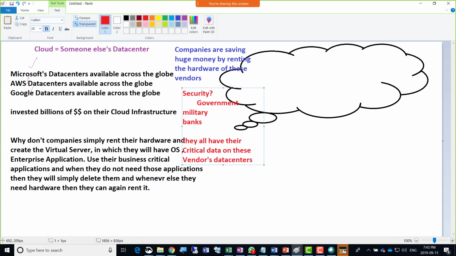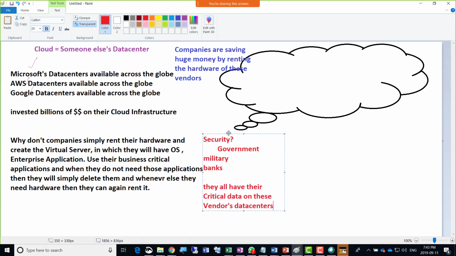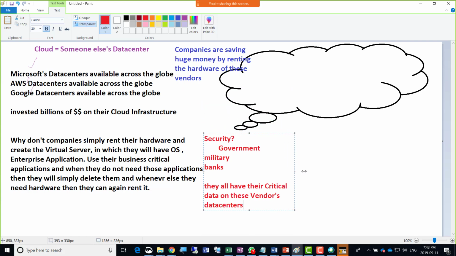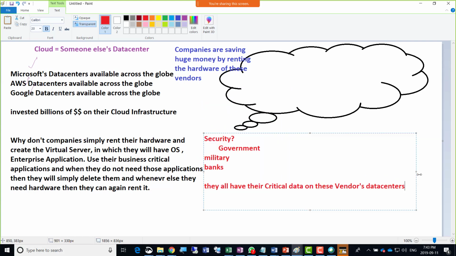If government, military, and banks can have their data on the cloud, on Microsoft data centers, on AWS data centers, on Google's data centers, then obviously they must have first gone through the data center security. They must have checked the physical security as well as the virtual security, network security, storage security of those data centers. Obviously then they would place their very critical data on the cloud.